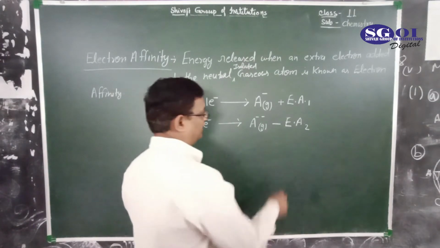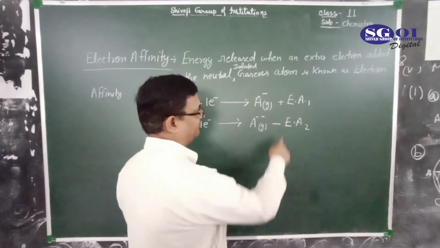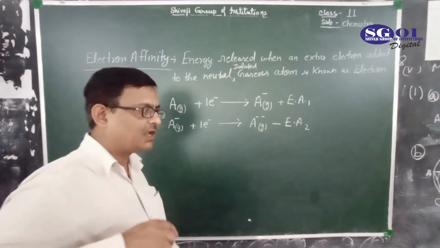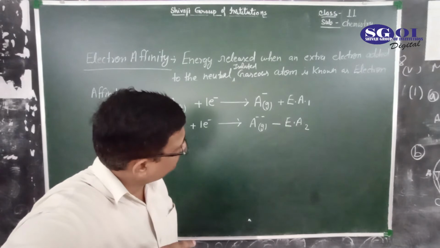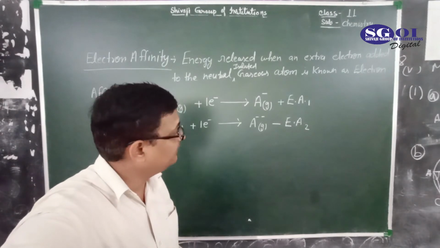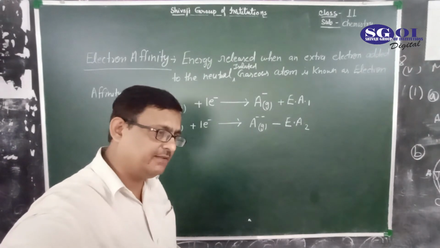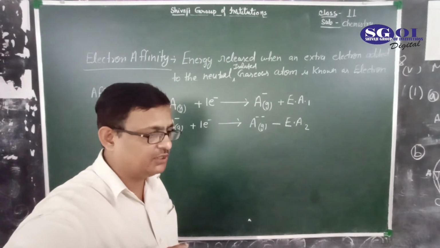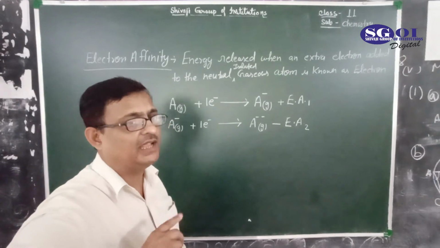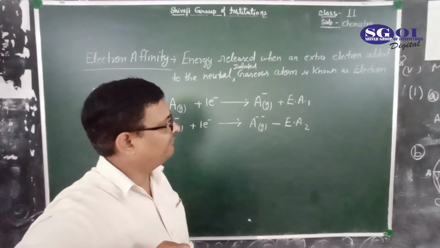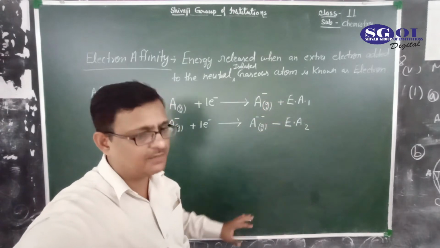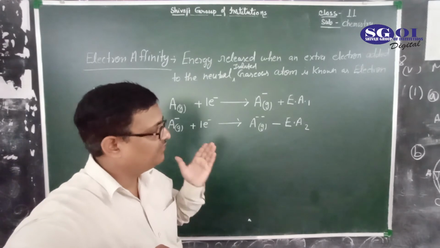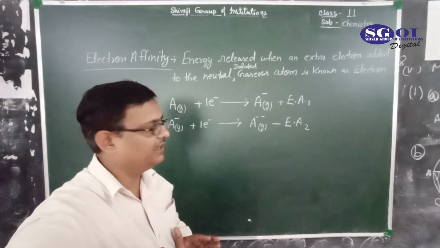But here we use two different signs: the first is positive and the second is negative. Why? This is an energy term. When we say enthalpy term, the first is negative and the second is positive. But in the case of the energy term, the first is positive and the second is negative.